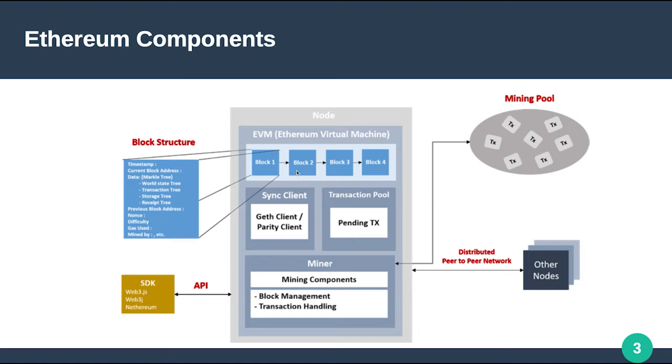Nodes are also known as clients, so these are interchangeable terms. There are a couple of software packages that can function as an Ethereum node, such as Parity and Go Ethereum, which is an Ethereum implementation written in the Go language, and there are many others out there.